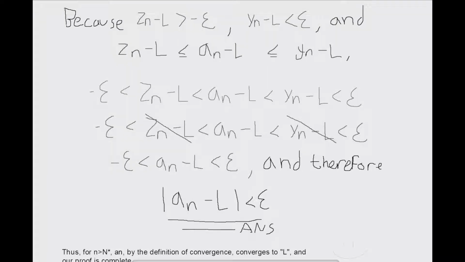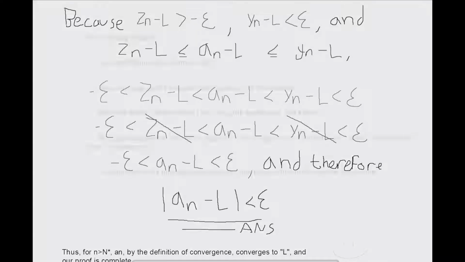So because z sub n minus L is greater than negative epsilon, and y sub n minus L is less than epsilon, and z sub n minus L is less than or equal to a sub n minus L, which is less than or equal to y sub n minus L, it follows that negative epsilon is less than z sub n minus L, which is less than a sub n minus L, which is less than y sub n minus L, which is less than epsilon.